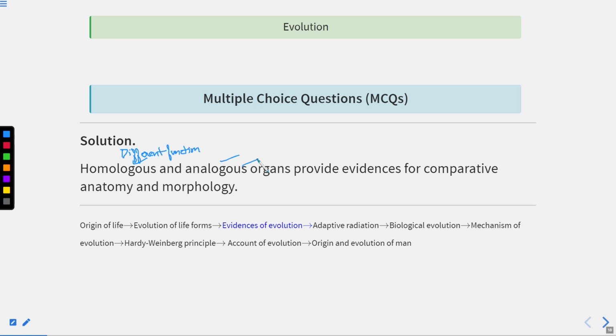Whereas analogous organs have functional similarity, meaning they have the same function. Okay, this is clear. So homologous and analogous organs provide evidences for comparative anatomy and morphology.